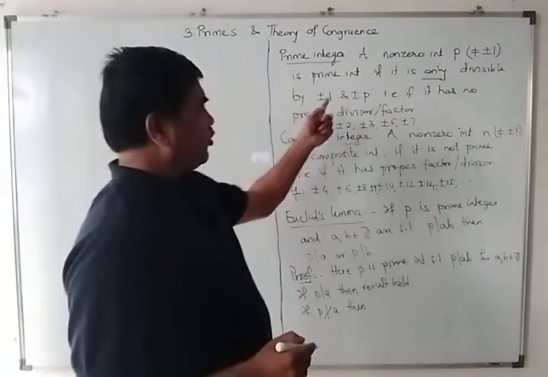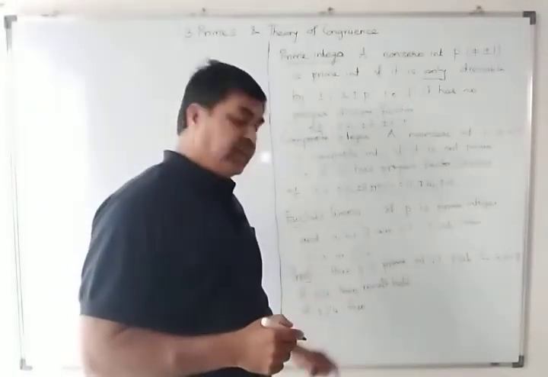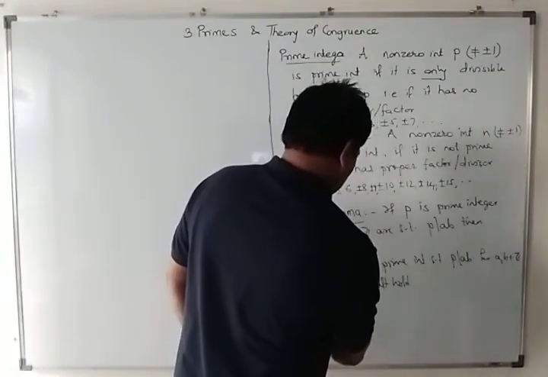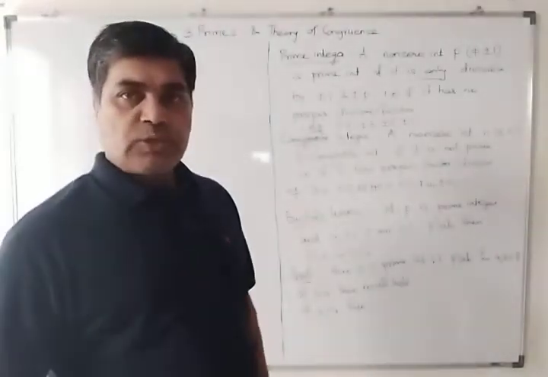Because p is only divisible by plus 1, minus 1, plus p and minus p, and p is not dividing a. Then the common factors of a and p are just plus minus 1.